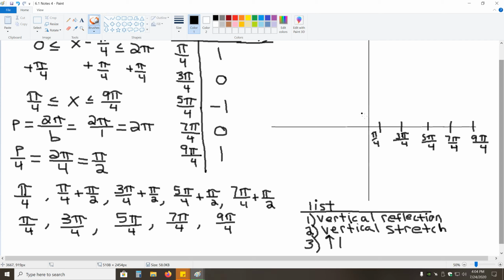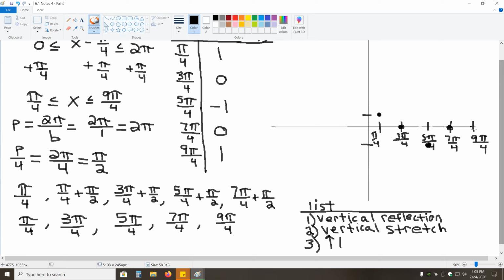Okay, and now from here we can start plotting our points. So we have pi/4, 1. We'll put that right here. 3pi/4, 0. 5pi/4, -1. That's going to go about right here. 7pi/4, 0.